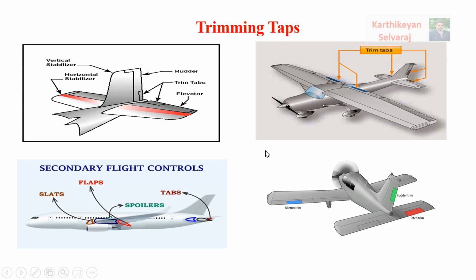And the spoilers will be especially helpful during the landing condition. In landing, I want to increase the drag and reduce the lift. Once the spoiler surfaces are exposed to the atmosphere, having previously been immersed in the wing section, the flow direction gets disturbed, the lift decreases and drag increases.